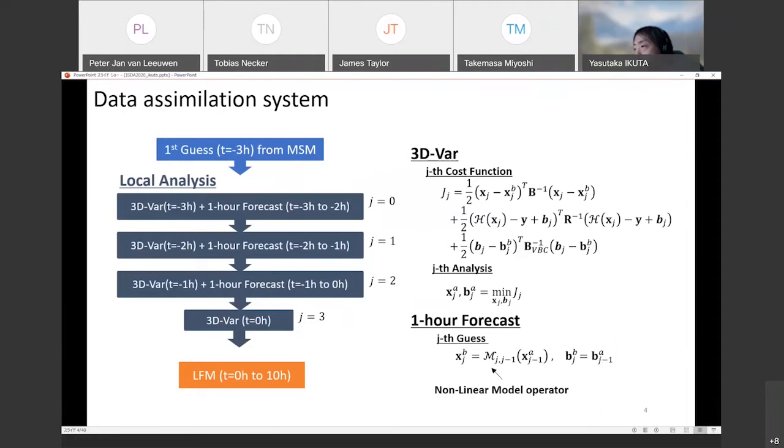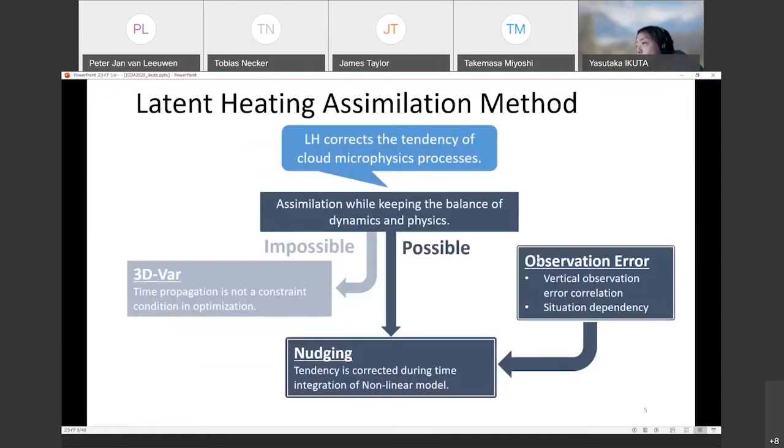This is the cost function of 3D-Var. The cost function is described by the background term, the observation term and the balance terms. We will use this system to assimilate the SLH. The assimilation of latent heat will modify the tendency from the cloud microphysics scheme.